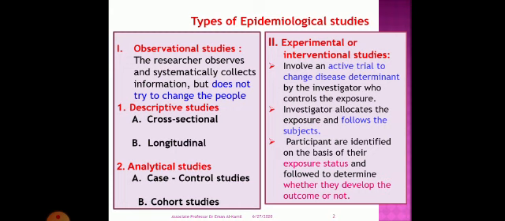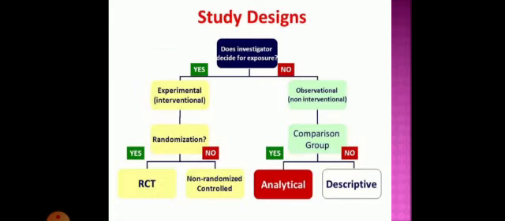We involve two groups, and then we compare the association between the risk factor or the exposure and the outcome, which is the disease. While in descriptive studies, we only observe the group and describe the disease as it is present in the studied group.